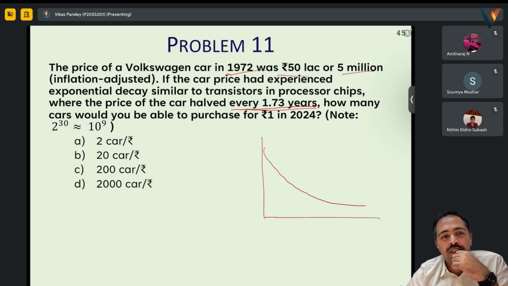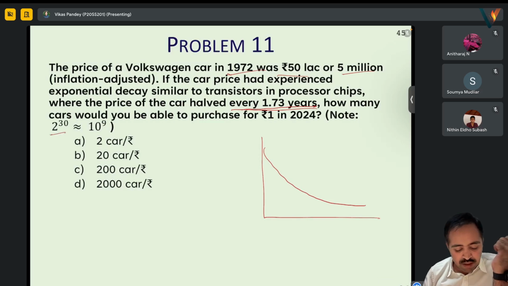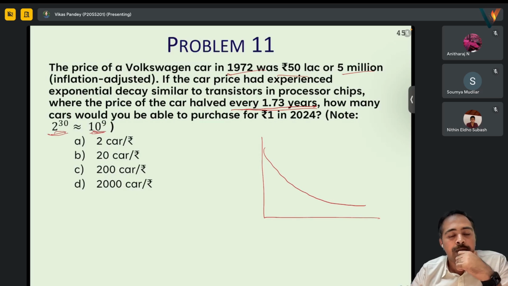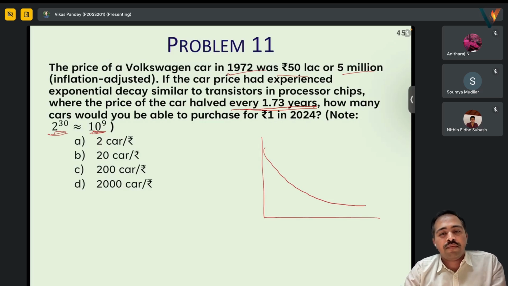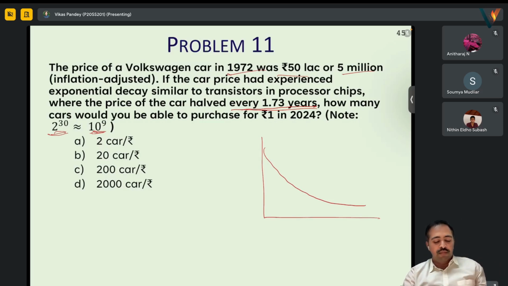Anyone would like to answer? And there is something like 2 to the power 30 is approximately 10 to the power 9. Any answers for this, or any way we can calculate this? Okay, let me discuss that.